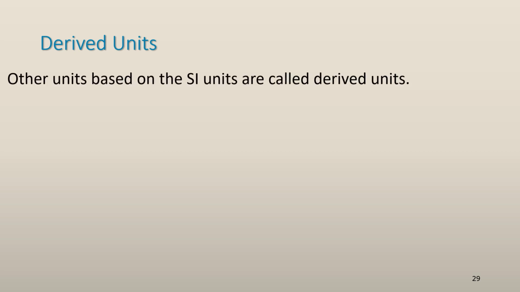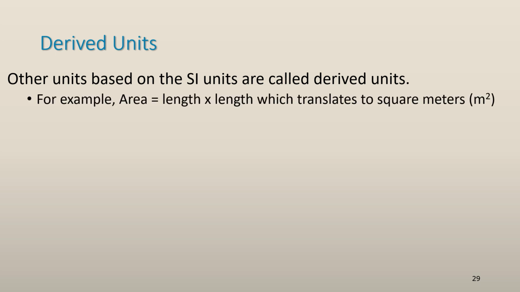Okay, anyway, we have other units that we need to know about, derived units. So these are based on the units we already have. So for example, you all know that area is length times width. So if I have a square here and I want to find the area, I'm multiplying the length times the width. It's actually a length times length, so it's two lengths.